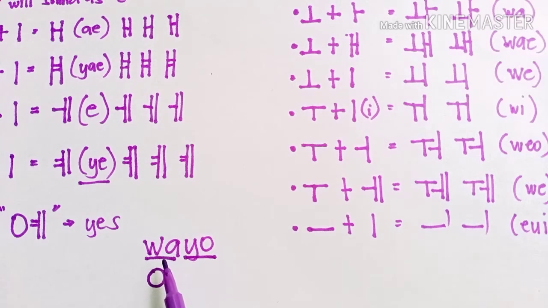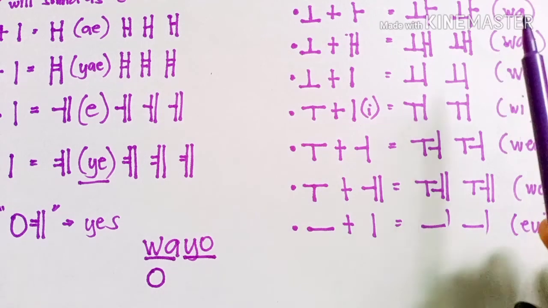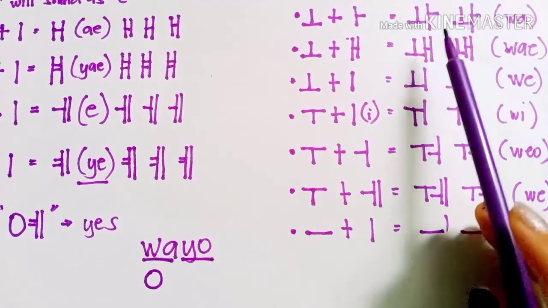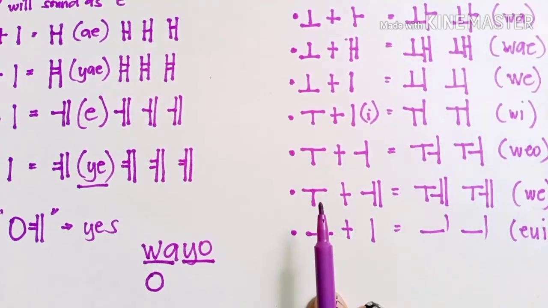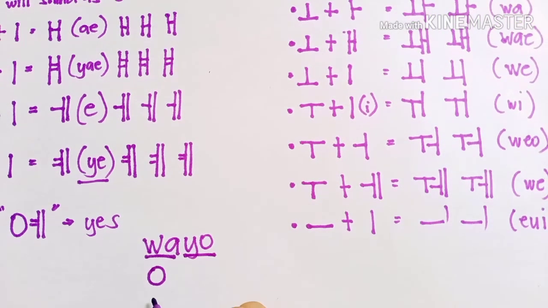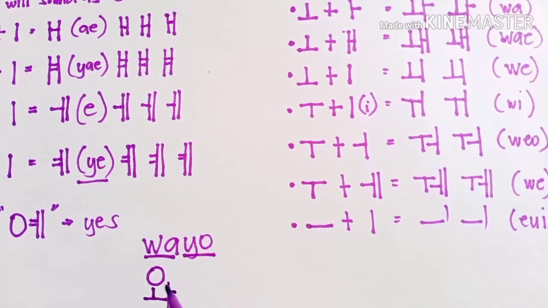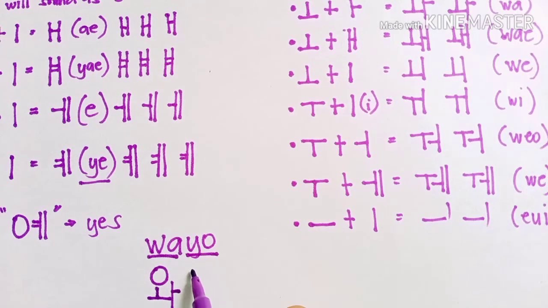As we discussed earlier, wa. Let's write it down here. Then the vowel yo, again ieung first and vowel yo.